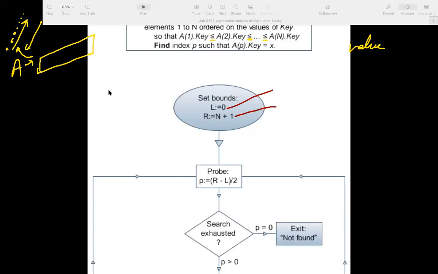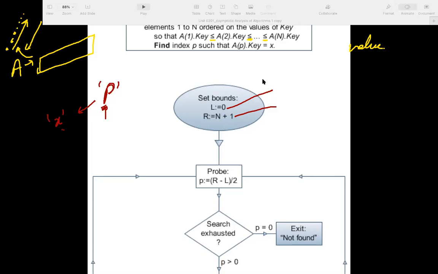Now, the index we would like to find is such that its key value is x, right? So what are we trying to find out? We are trying to find out the position where key x is stored. So it means that we have to probe the location where value x is stored.